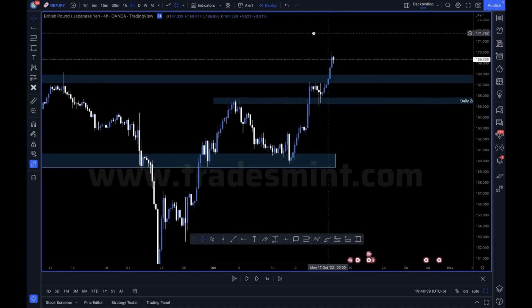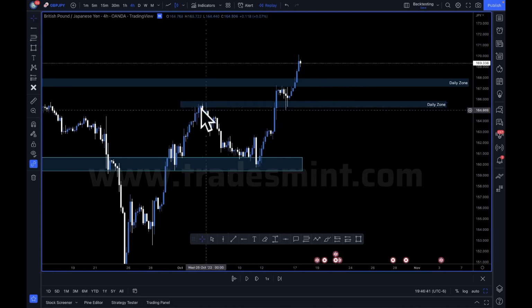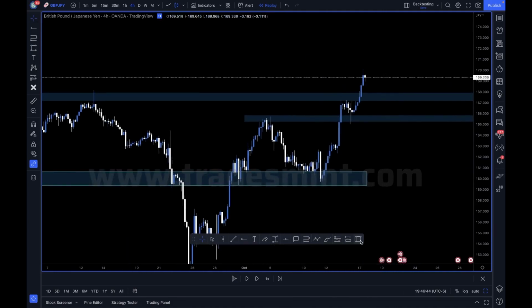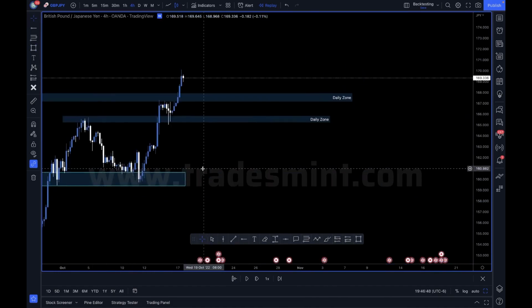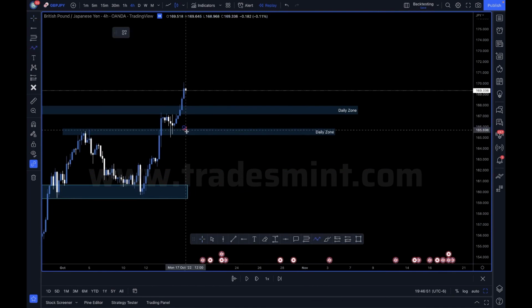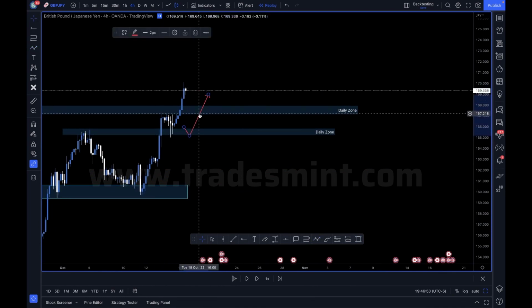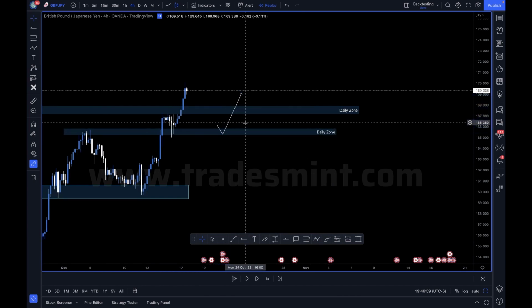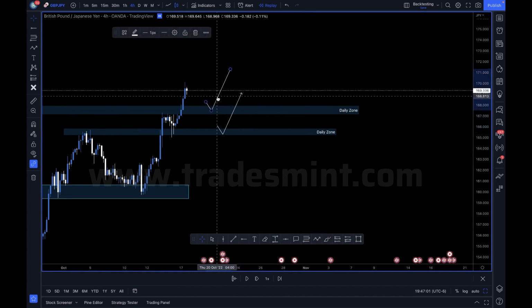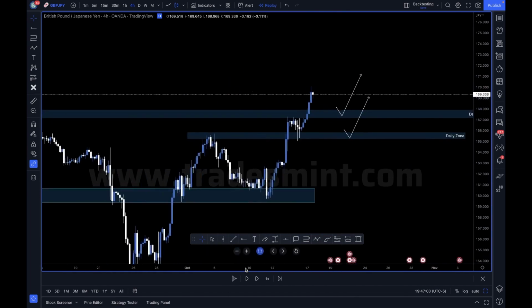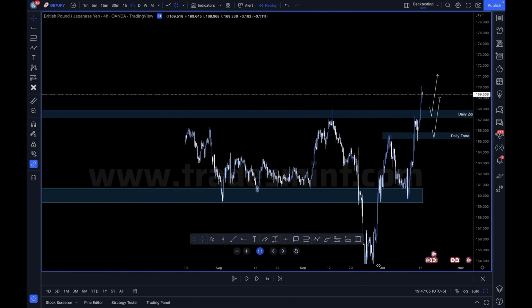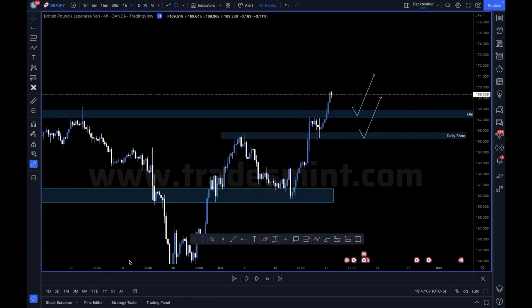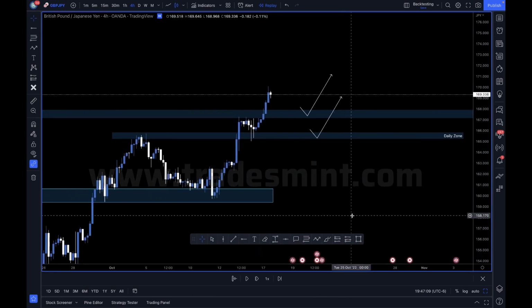So if I tighten up the zones, my first area of buying interest will be here, okay? That's my first area if I'm looking at break and retest. Second area potentially here, okay? Because those are two zones that price broke through.